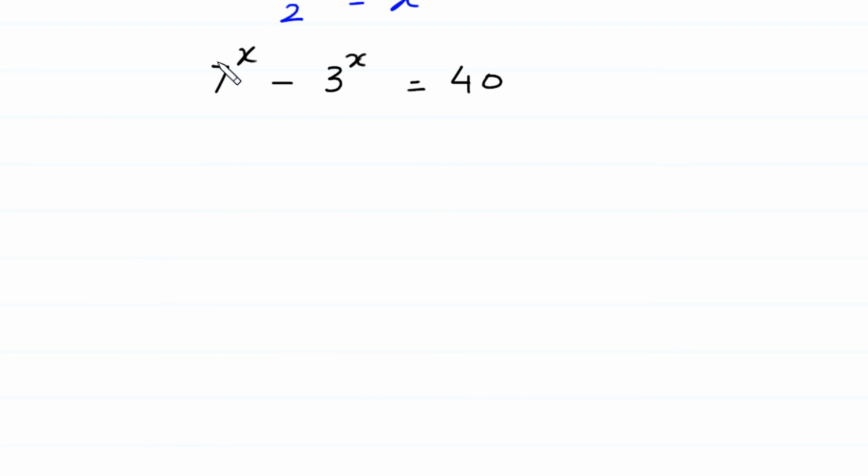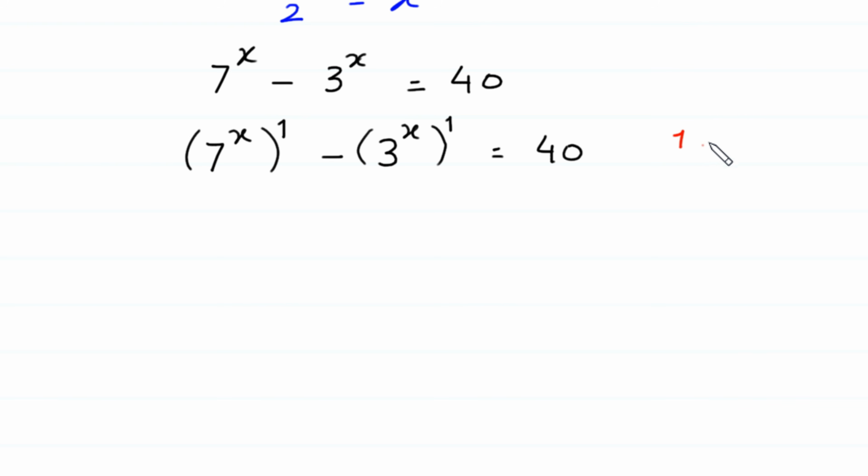Next, this 7 to the power x has power 1 here, minus this 3 to the power x also has power 1 here, is equal to 40, and 1 is equal to 1 over 2 times 2.